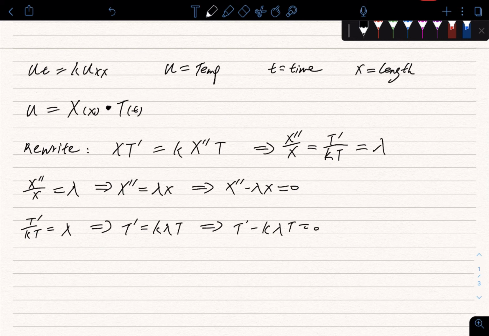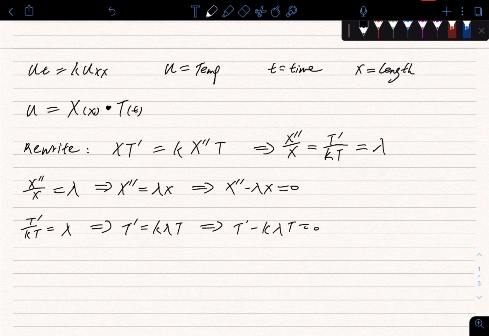So this is the basic concept, and what you do next is just solve these two ordinary differential equations. We turn our partial differential equation into multiple ordinary differential equations in the hope that these will be easy enough for us to solve, and then combine them into meaningful solutions for our original PDE.